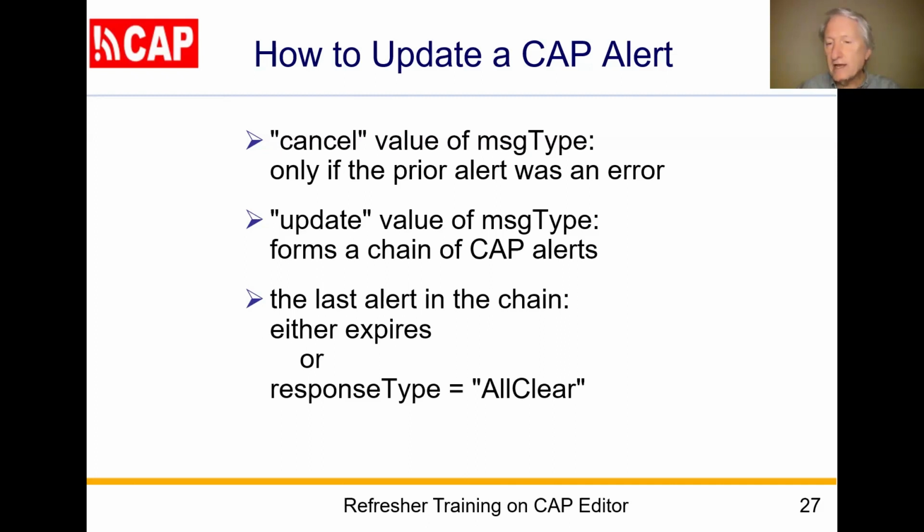So do not use cancel when what you really mean is all clear. In other words, the situation that we predicted did not happen, or the situation did happen and now the storm or whatever it is is over. So that's the all clear.